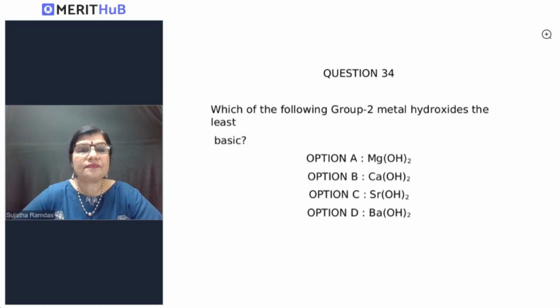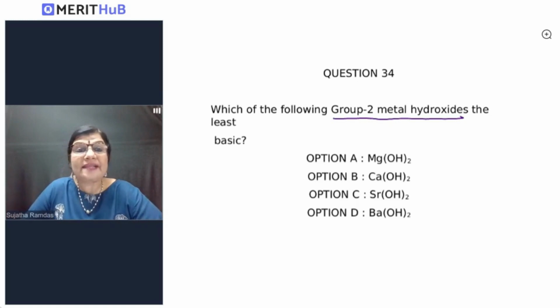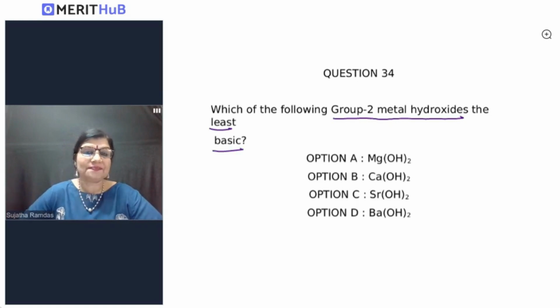Question number 34 is a very easy question. Which of the following group 2 metal hydroxides will be the least basic? With hydroxides, it becomes very easy to understand the basic character.